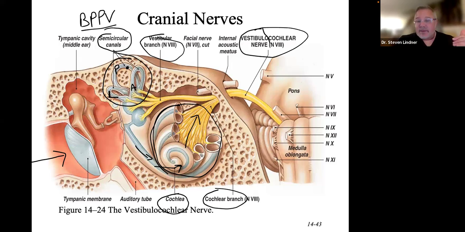And if there's damage to the cochlear portion, let's say someone takes too much aspirin or baby aspirin, that type of overdose is known to damage the cochlear nerve, creating tinnitus, that ringing in the ear. There are certain viruses that can attack the vestibulocochlear nerve, and that can create balance issues and tinnitus and a degree of deafness.